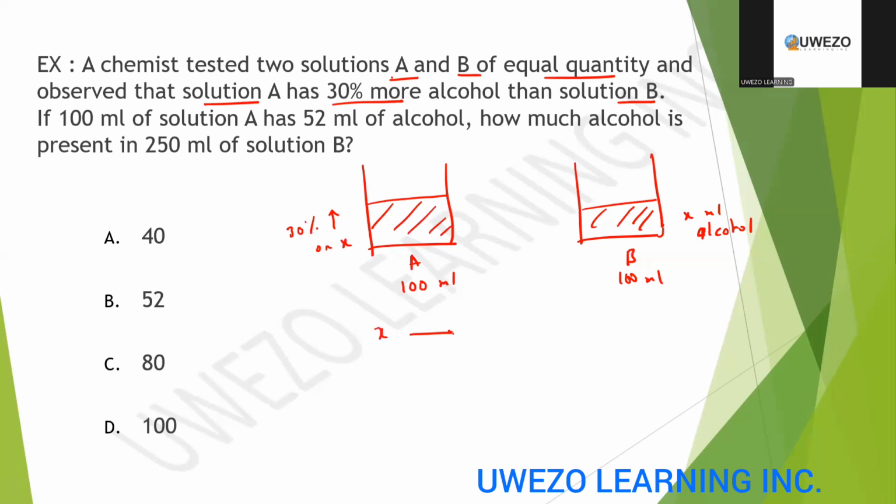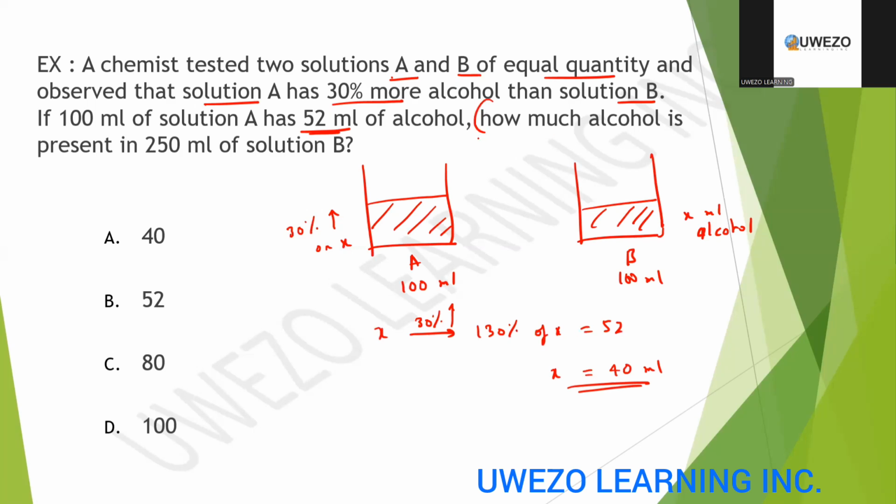Now let us try to solve it. If x is increased by 30%, we know the percentage strategy. So that would be 130% of x. And that is given as 52 ml. So now by solving this equation, we can find x. We can simply put the equation in Desmos and we can get x as 40 ml.